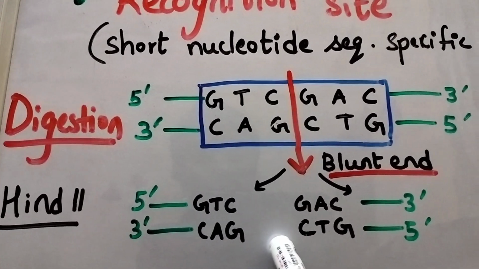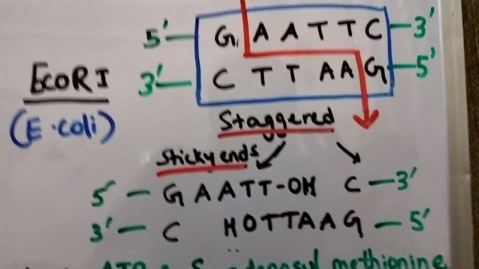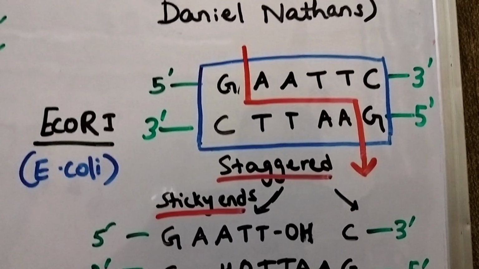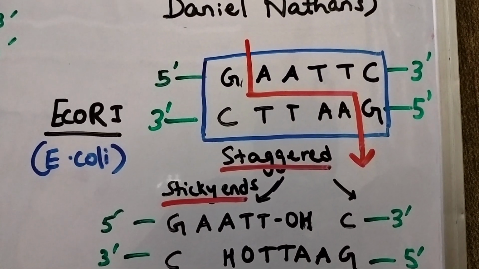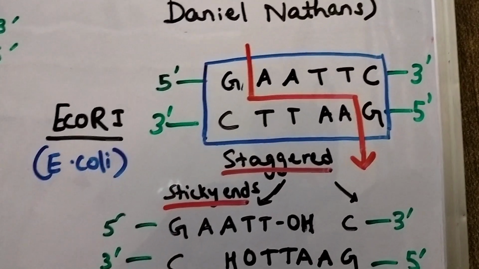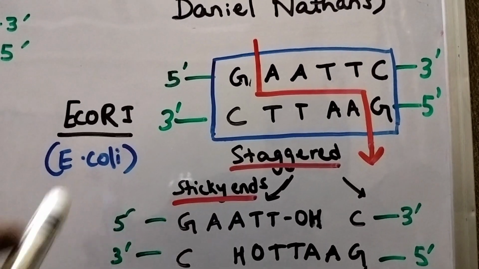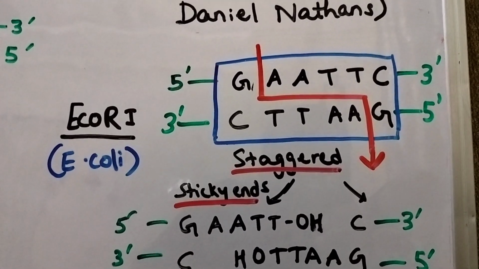Coming to the second type of digestion, that is staggered, sticky end, or cohesive end digestion. An example of a restriction enzyme that carries out this kind of digestion is EcoRI. EcoRI is the restriction enzyme isolated from E. coli strain RY13.